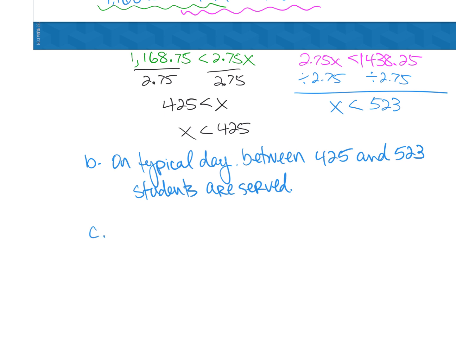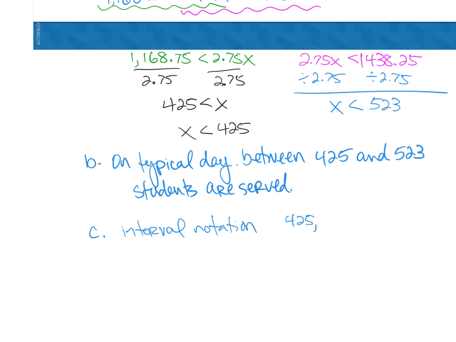So now let's go ahead and put this into interval notation. So what's that lower number? It's going to be the 425. And because we have x is less than, not x less than or equal to, these numbers are not equal to it. So are we going to do the brackets?